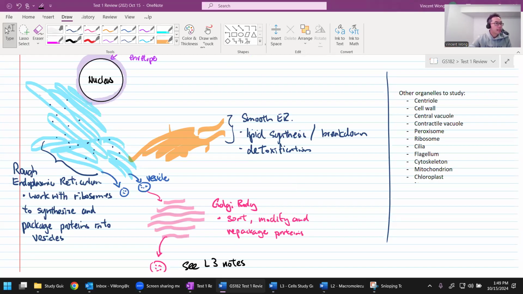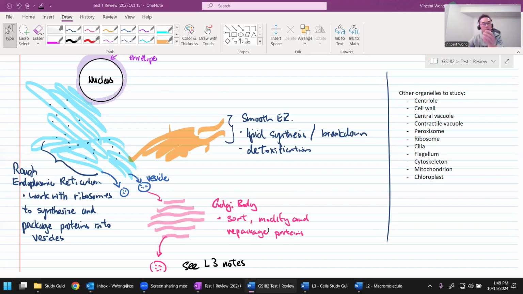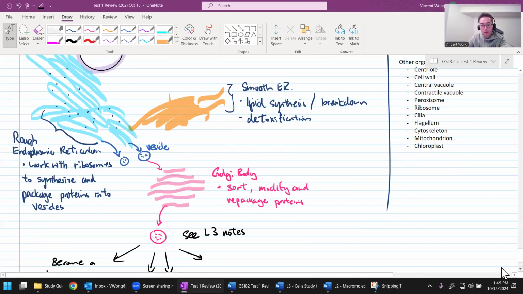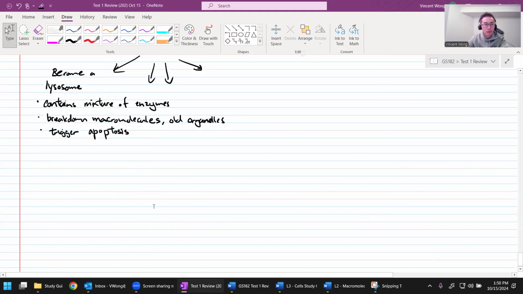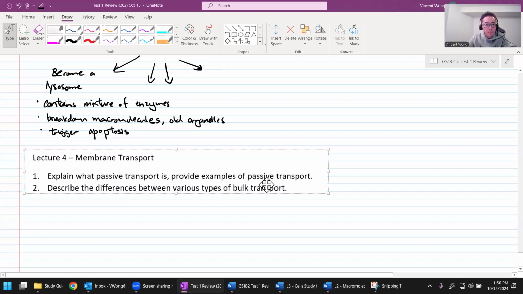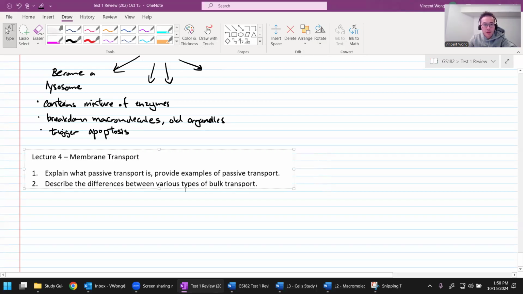Next, we have membrane transport. Explain what passive transport is. Provide an example of passive transport. Describe the difference between various types of bulk transport.